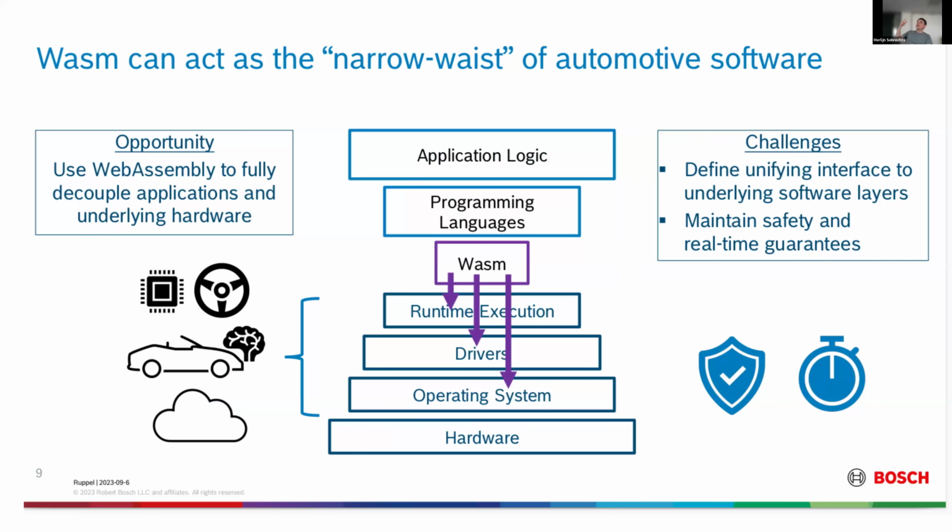The idea is that WebAssembly can act as a narrow waist of automotive software. WebAssembly is basically the bridge between the hardware and the software. It allows developers to use the latest tools and compilers to build their applications using the latest languages and just compile them to WebAssembly. And then the WebAssembly runtime basically translates everything to the actual hardware that it's running on.